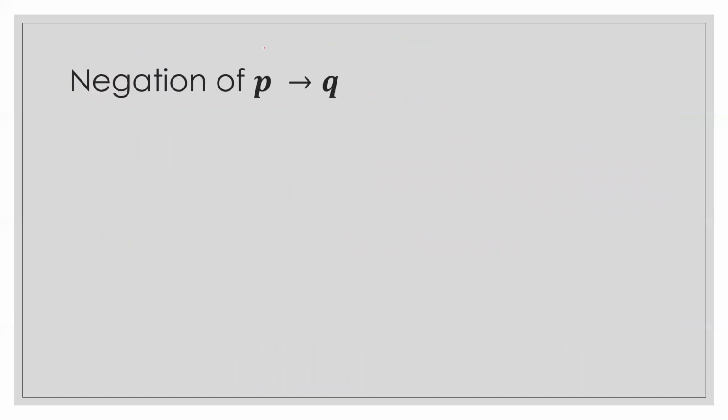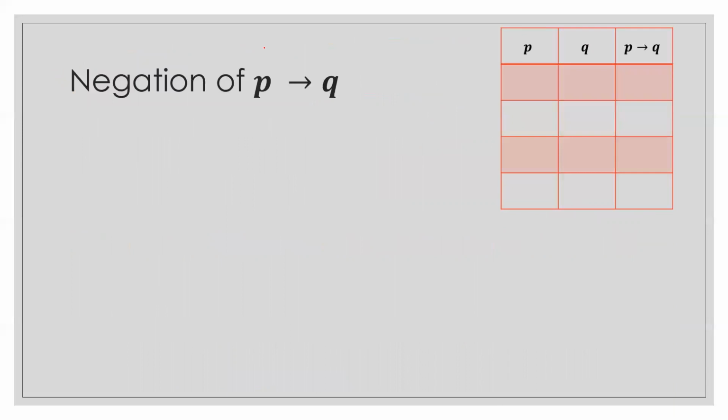All right, so what's the negation of if P then Q? Let's remind ourselves of the truth table for if P, then Q. We have true, true: if true, then true, the statement is true.